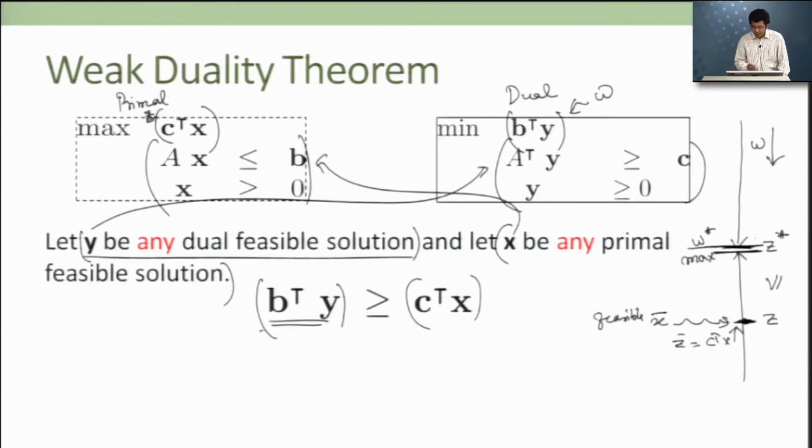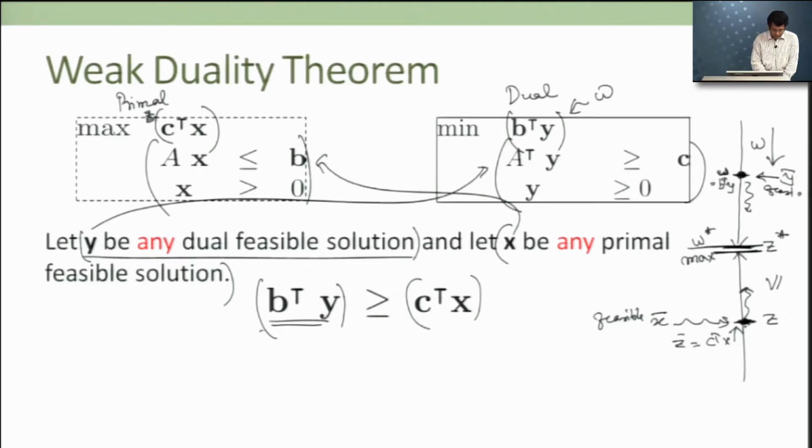All I'm saying is suppose we have some feasible solution y, which is dual feasible, which satisfies the constraints of dual, and let's say it achieves a value W, which is equal to b transpose y.